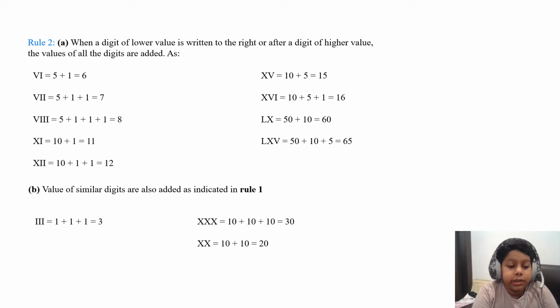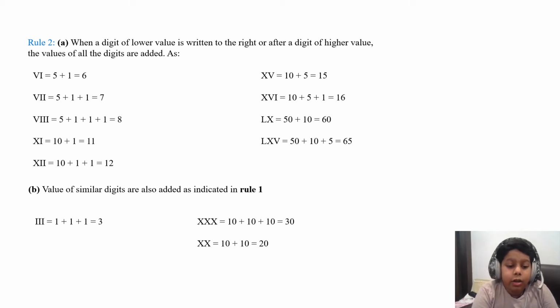XI equals 10 plus 1 equals 11. XII equals 10 plus 1 plus 1 equals 12. XV equals 10 plus 5 equals 15. XVI equals 10 plus 5 plus 1 equals 16. LX equals 50 plus 10 equals 60. LXV equals 50 plus 10 plus 5, 65.